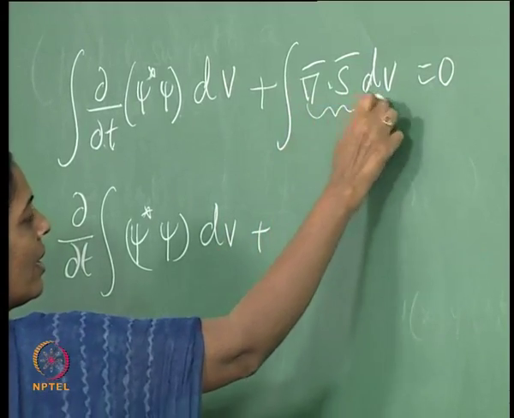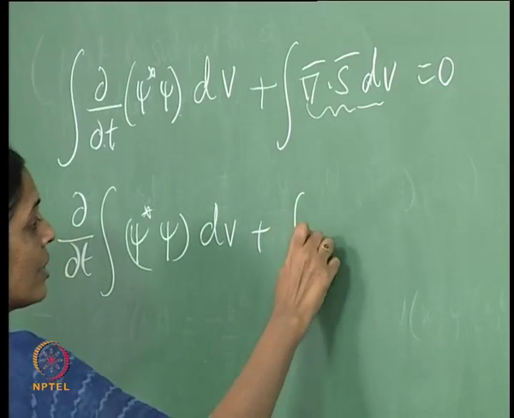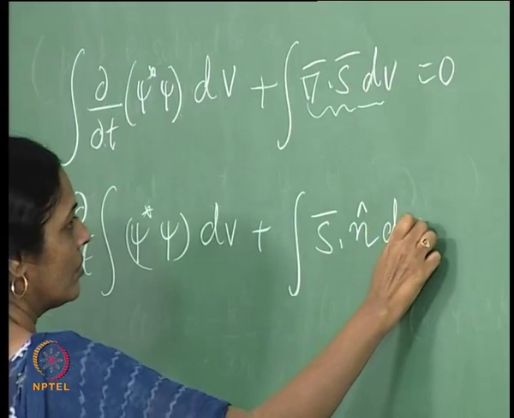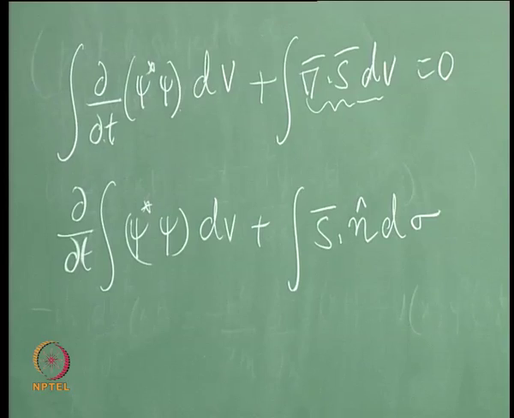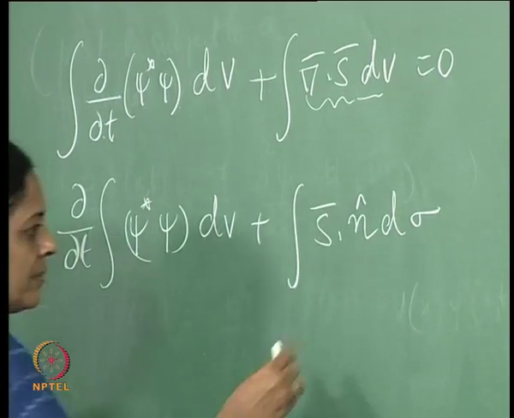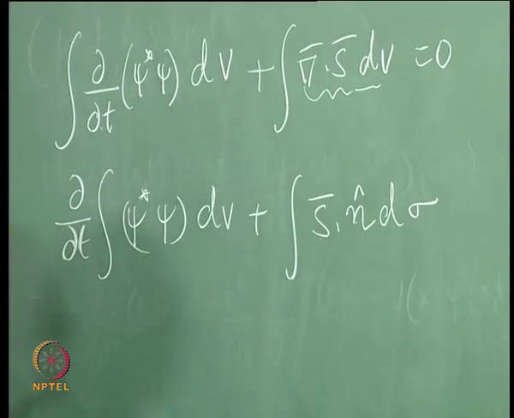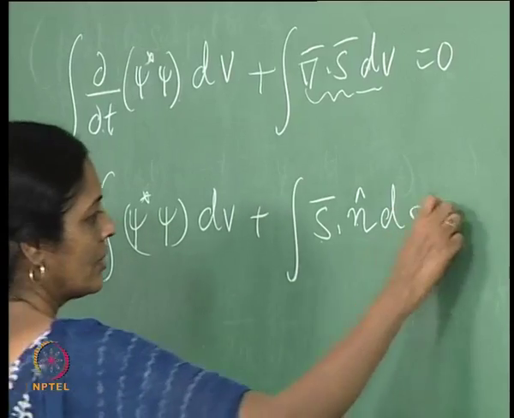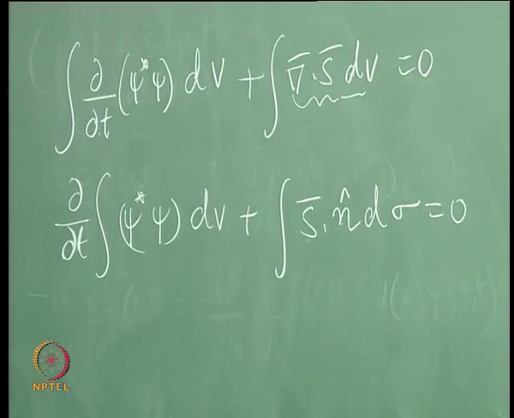This I can use Gauss's theorem, and I can write this as a surface integral where d sigma is an elementary surface area, n is the unit normal, and S dot n is a component of S along the direction n perpendicular to the surface. So this quantity is equal to 0.